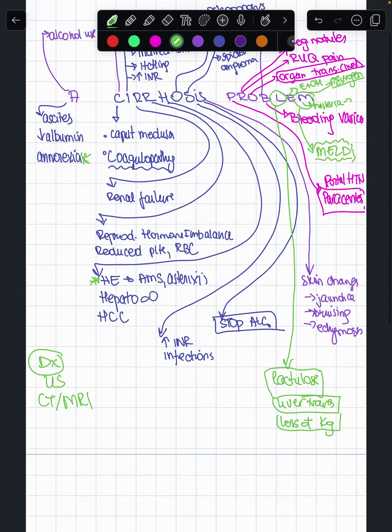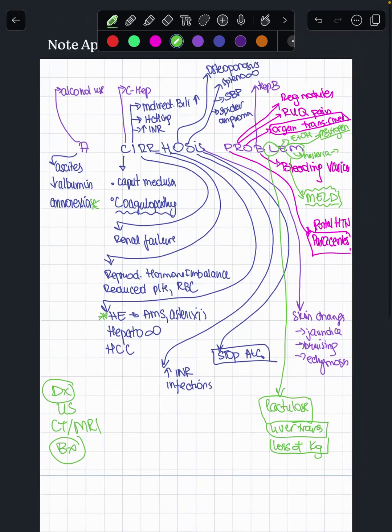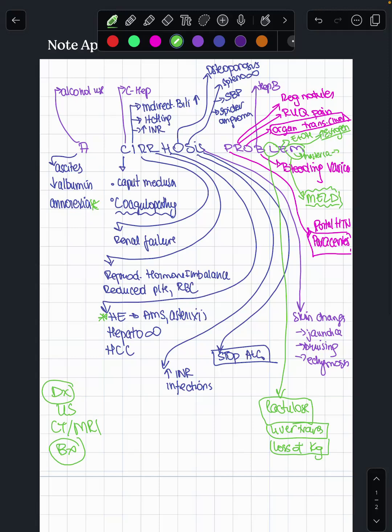And for labs, let's remember that platelets will be low, INR will be high, albumin will be low, and the AST to ALT ratio will likely be more than 2. And then just consider biopsy too, because if you have unclear etiology despite full workup, you want to make sure you are checking if these patients may have hepatocellular carcinoma. So that was it about cirrhosis.